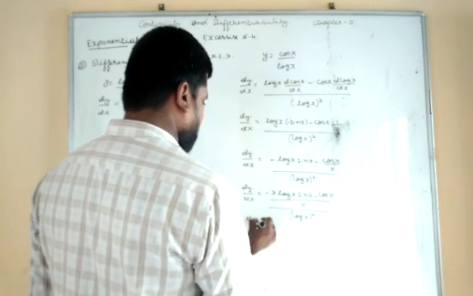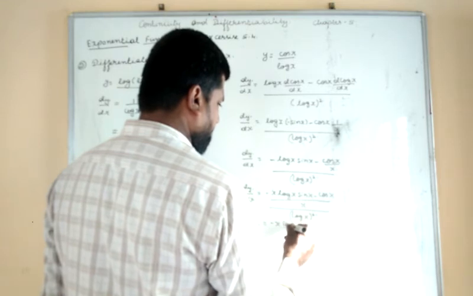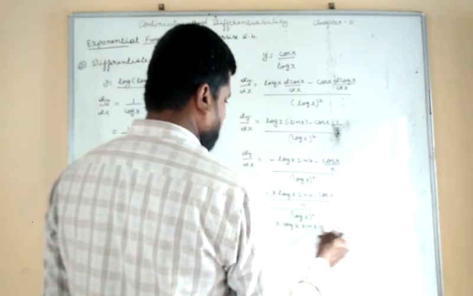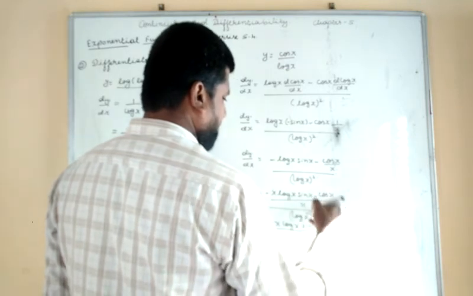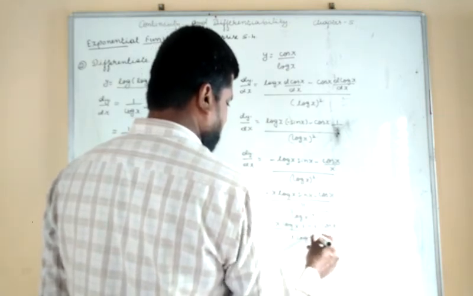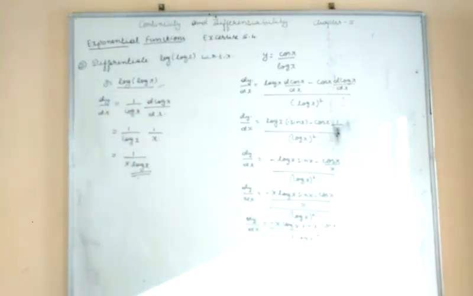Again we can write dy by dx is equal to minus x log x sin x minus cos x by, if you take here, x into log x whole square. So this is the answer. Okay, take down the next problem.